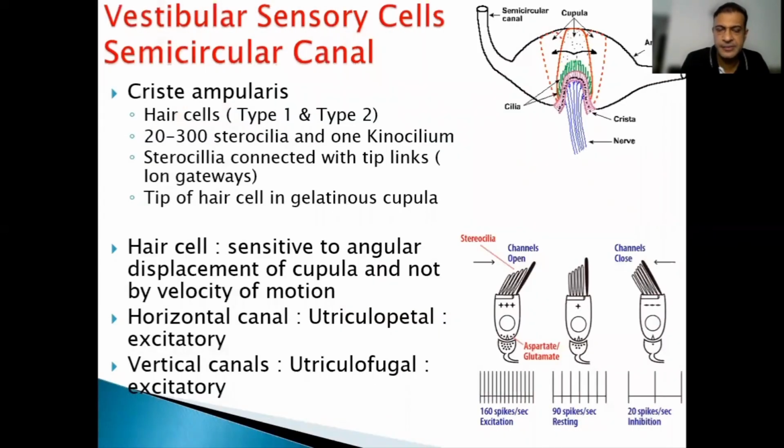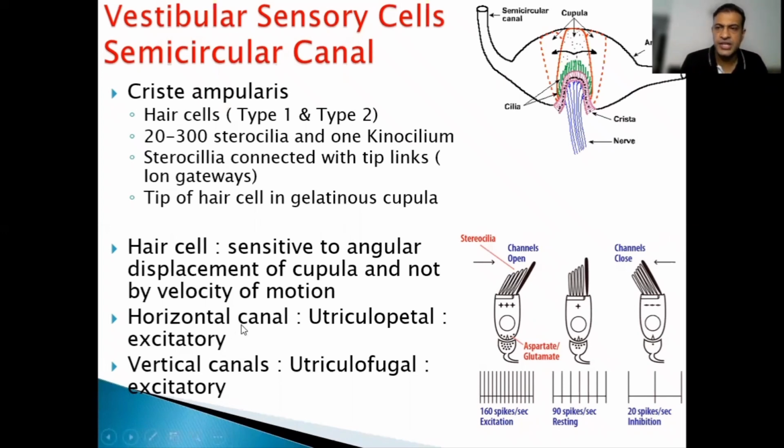Similarly, understanding the semicircular canal, in the ampulla there is the receptor. There are type 1 and type 2 hair cells which have stereocilia and the kinocilium, and the stereocilia are attached to each other by tip links, which are mainly the ion channels, and the movement of the stereocilia towards the kinocilium leads to stimulation or excitation of the sensation.